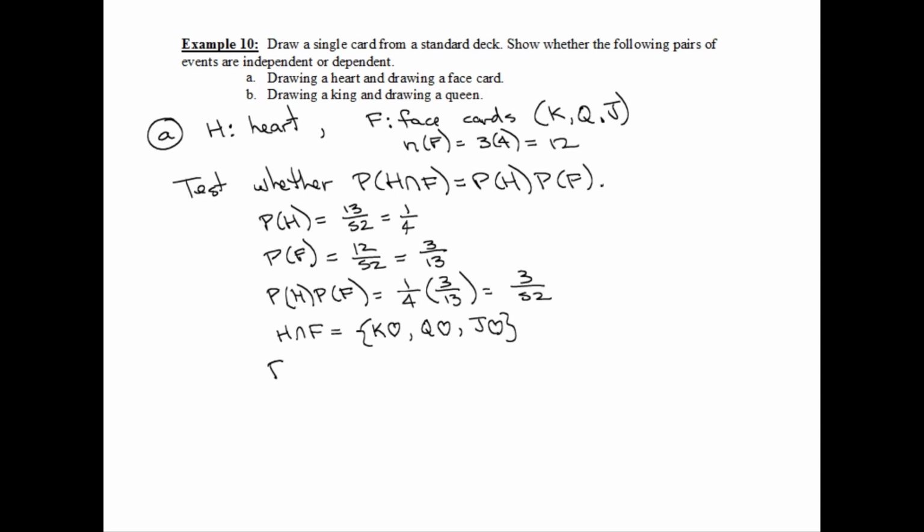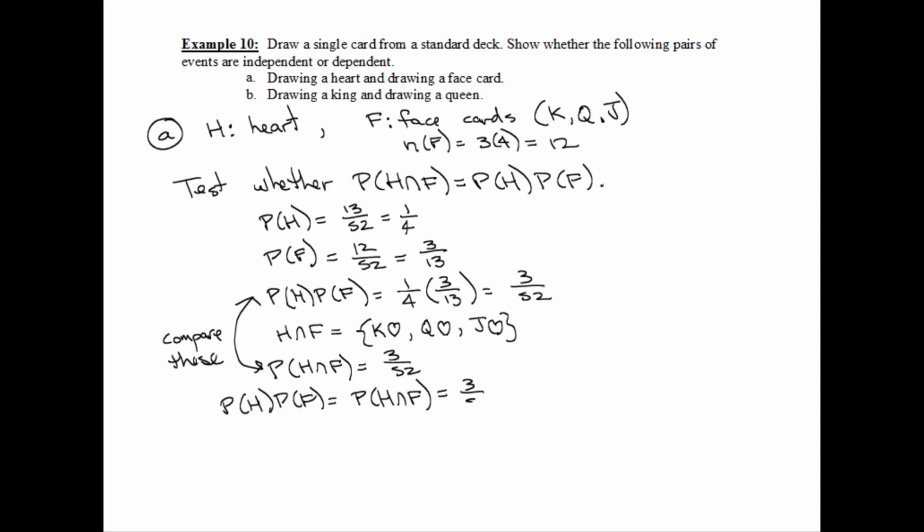There's 3 of those, so the probability of that intersection is 3 over 52. So what are we comparing? These two. Each of these turned out to be 3 over 52. So our condition for independent events is satisfied. Drawing a heart and drawing a face card are independent.